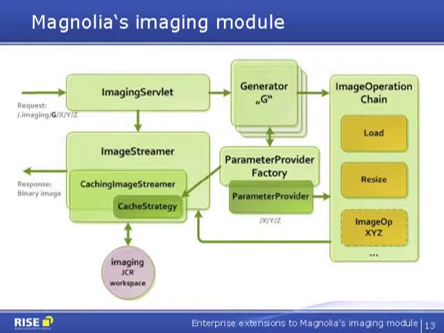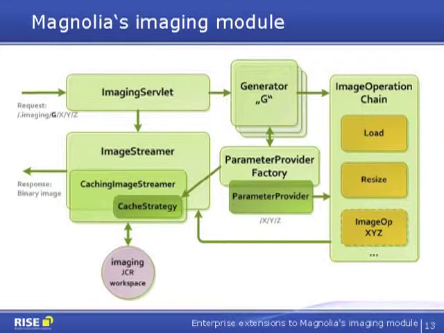That's a chain of individual image operations, each of which acts on an in-memory pixel buffer. For example, the first operation might be a load operation, which loads a source image into the pixel buffer. Then there might be a resize operation to change the size of that image to a specified variation size.